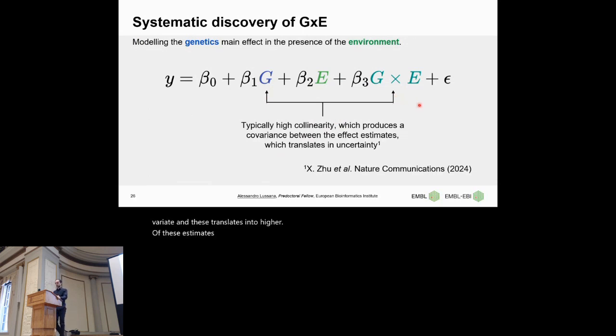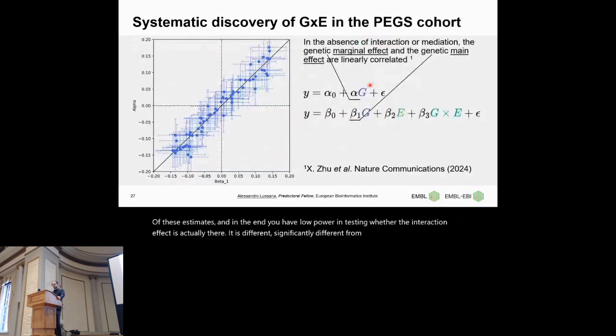In the end, you have low power in testing whether the interaction effect is actually significantly different from zero. And so, while addressing task 2, we found this work, which was published this year, where Zhu and colleagues proposed a rather elegant solution to this problem, and to increase the power for this testing.